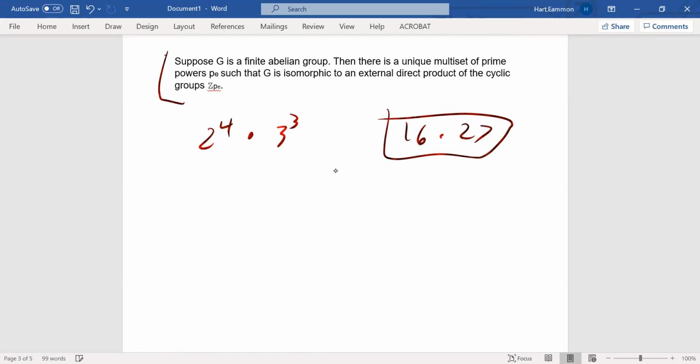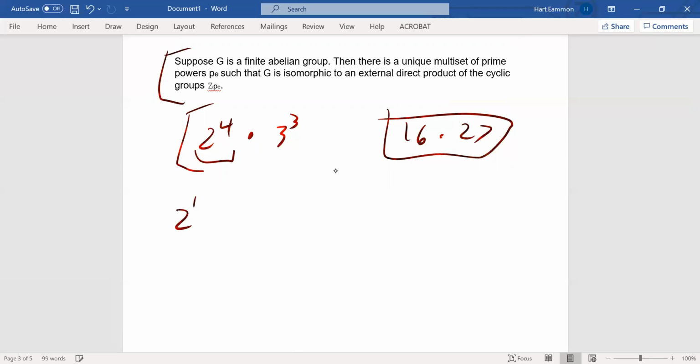By this theorem, I know that it can be decomposed into finite groups that look like Z_p^e, right? So I'm going to ask myself how many different ways there are for me to break down 2 to the 4 into different multiples of 2. And I'm going to use basically the same idea as before.